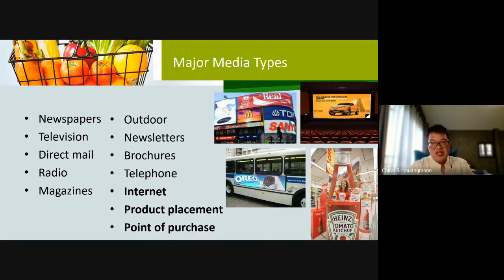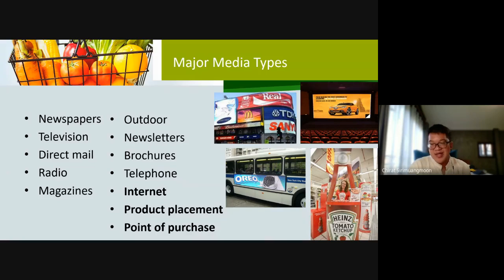But I would say for now, we are in the world of the internet, so you focus mainly on these sources. Like you go to the website, you go to the many social media. This is all about the internet. Or when you go to the cinemas, you can see the advertising on the screen before the film begins.